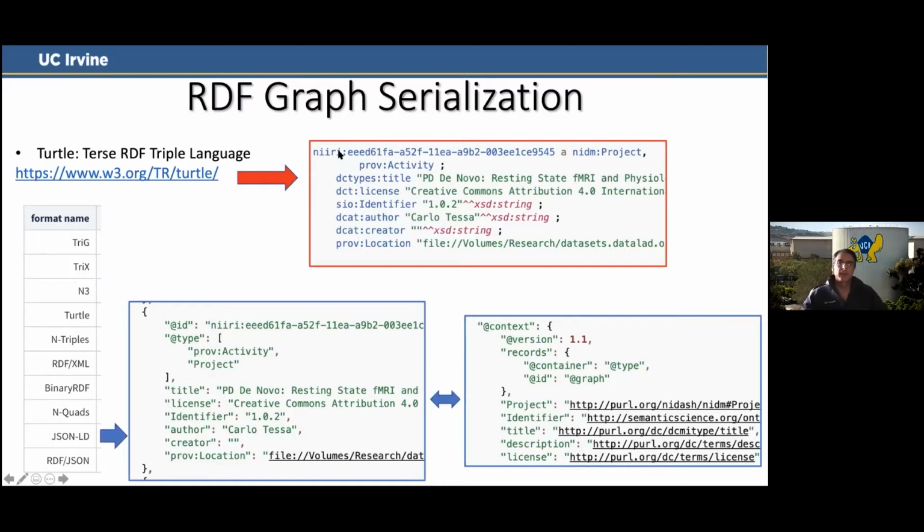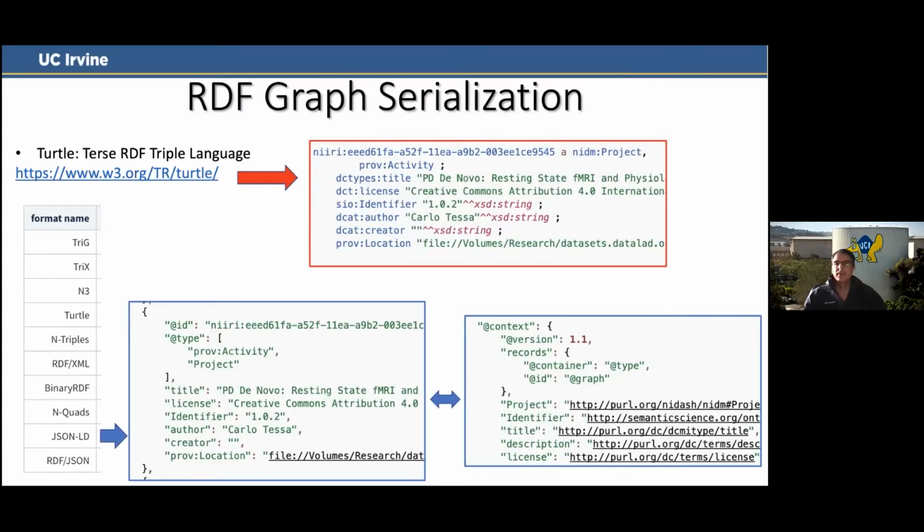And so if we look at the red box at the top, the way you read this and relate it back to what I told you before about a subject, predicate, and object, is you start to read it, and the top line says this thing called NIRI, colon, and then some weird unique identifier. That's the subject of this particular set of statements.